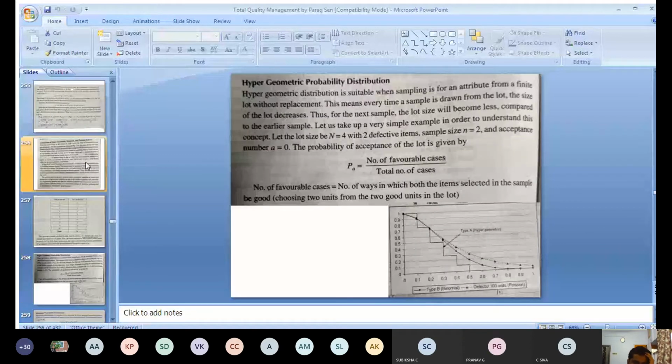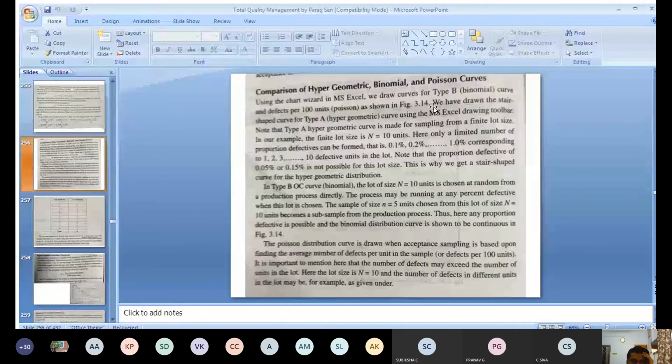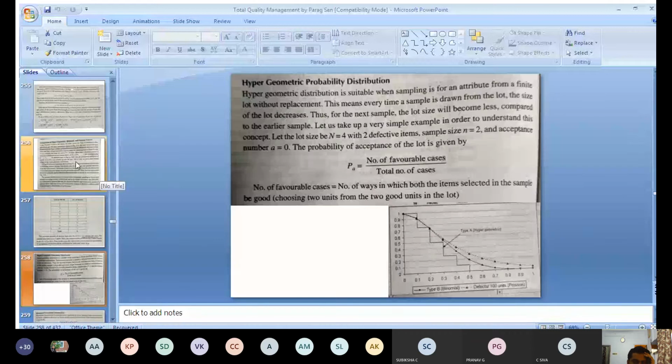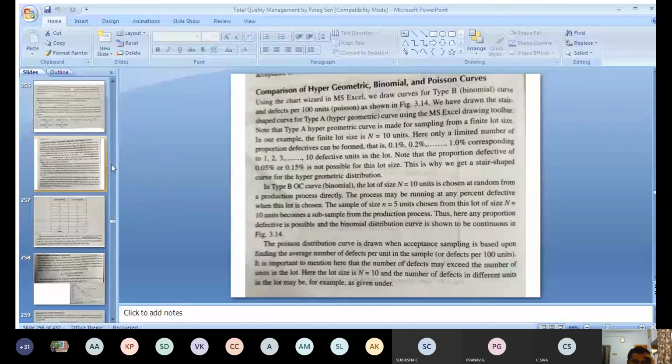There are some explanations you can check out. We have drawn the stair-shaped curve for type A hypergeometric curve using the MS Excel drawing toolbar. Note that type A hypergeometric curve is made for sampling from a finite lot size.